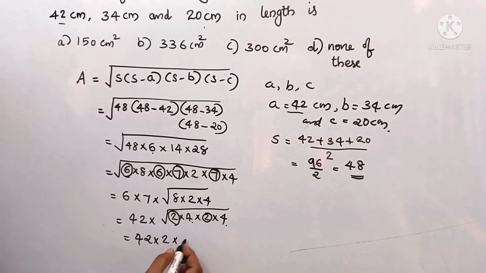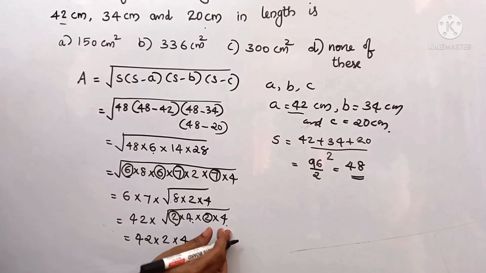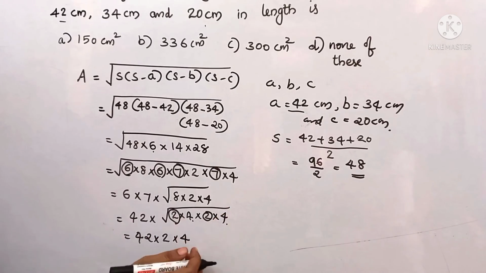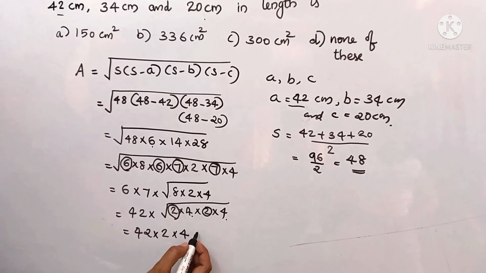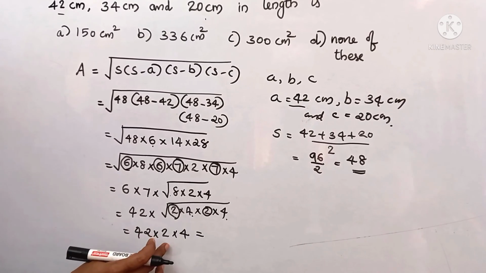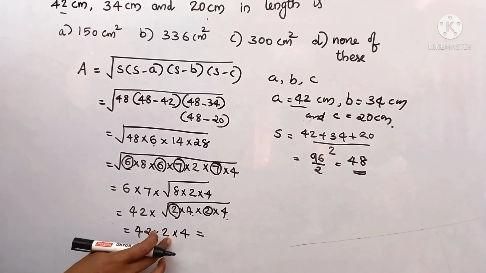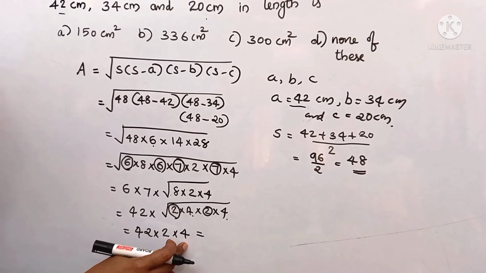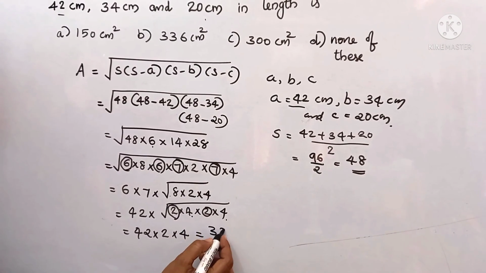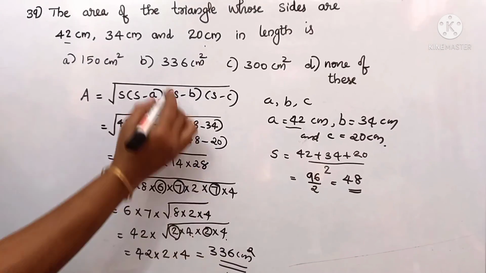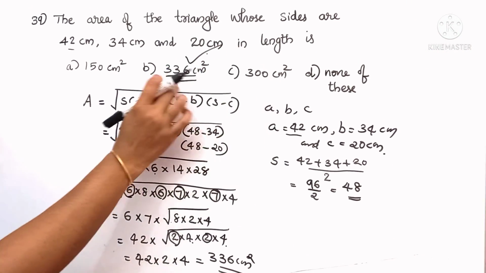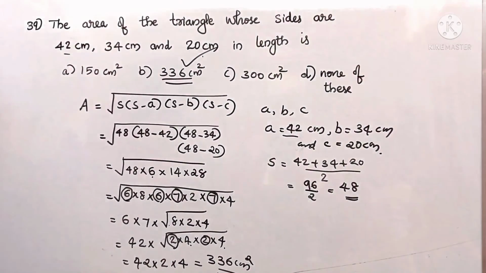Square root of 16 is 4. Now we have got 42 into 2 into 4. Multiply this. 42 into 2 is 84. 84 into 4 is equal to 336 centimeter square. And we have 336 centimeter square as option B. So option B is the answer.